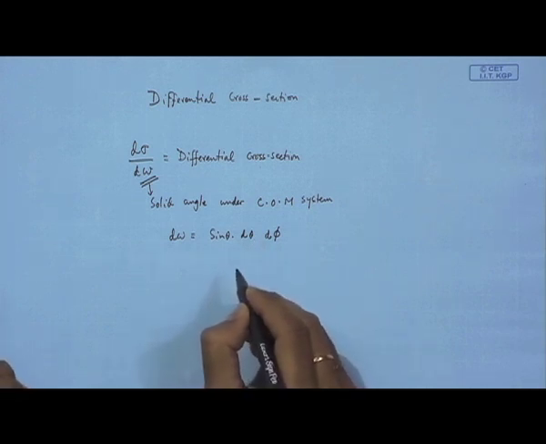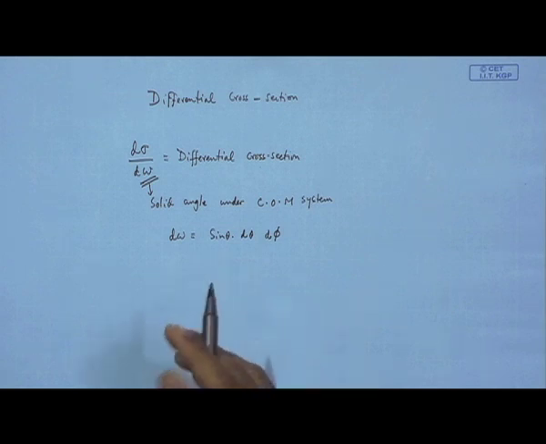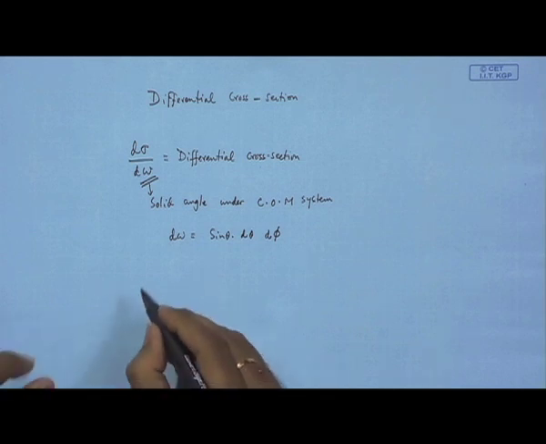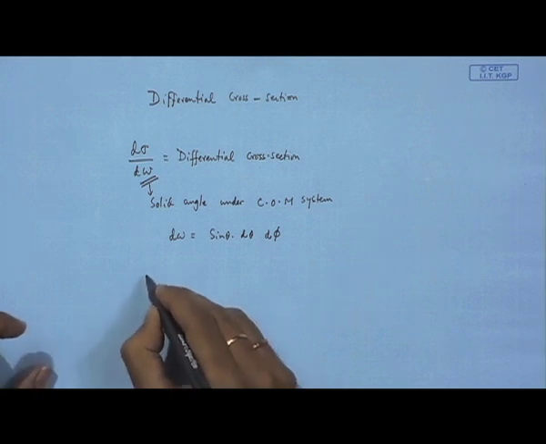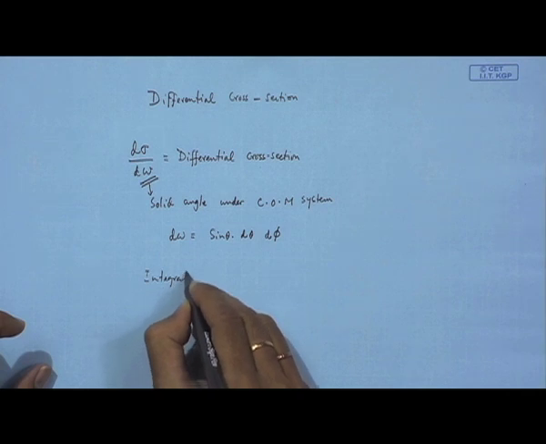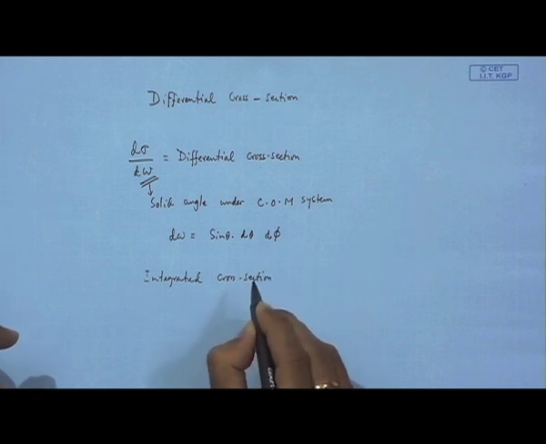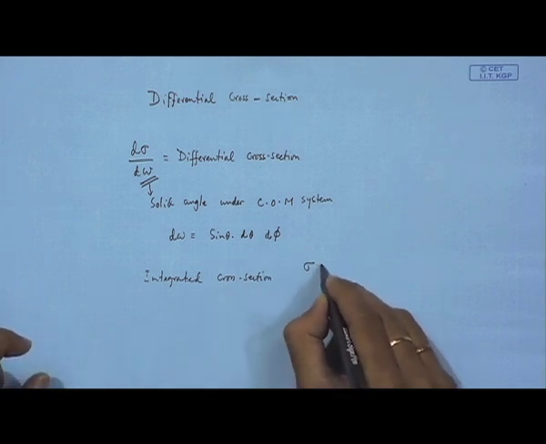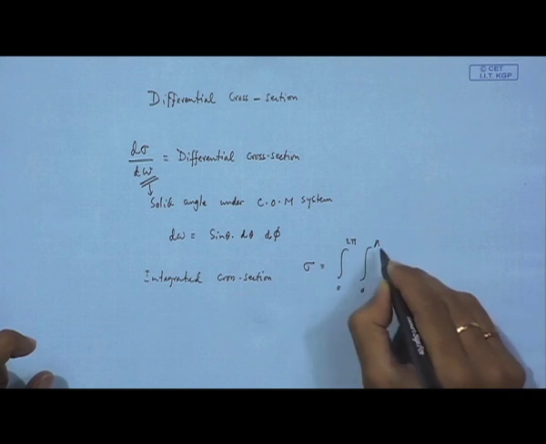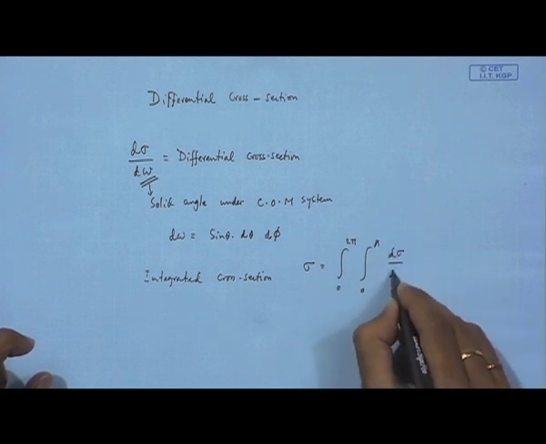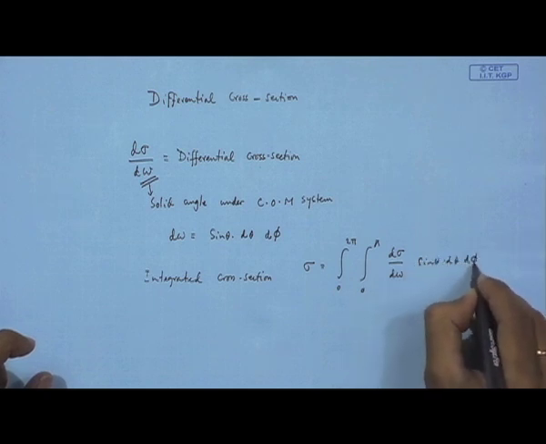If we integrate over the space, then you will get the integrated cross section, that is the integral cross section. So the integrated cross section sigma is equal to the integration from 0 to twice pi, integration from 0 to pi, of d sigma d omega sin theta d theta d phi.